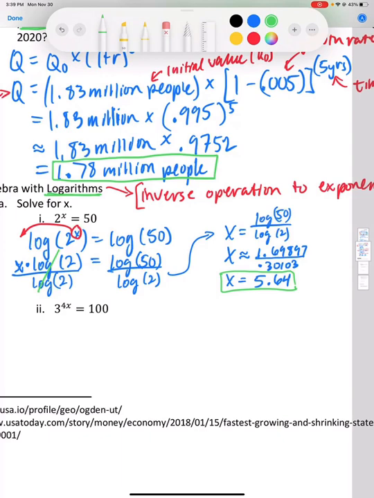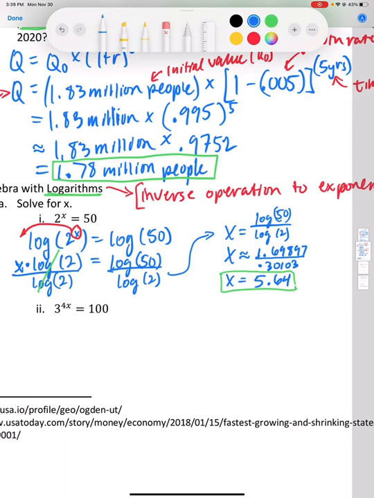In this next example, we have 3 to the power of 4x equal to 100. We're still going to use log to the base 10 to help us bring the x term out of the exponent, out of the power, and put it in front, and then solve for x.